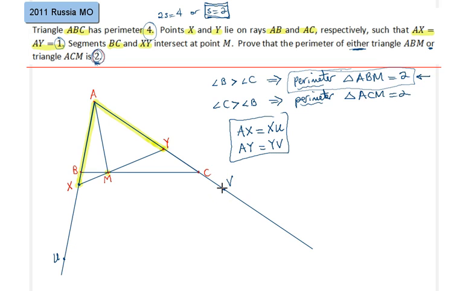I constructed U and V this way because I know that the perpendiculars from these two points will give me my excenter I sub A.